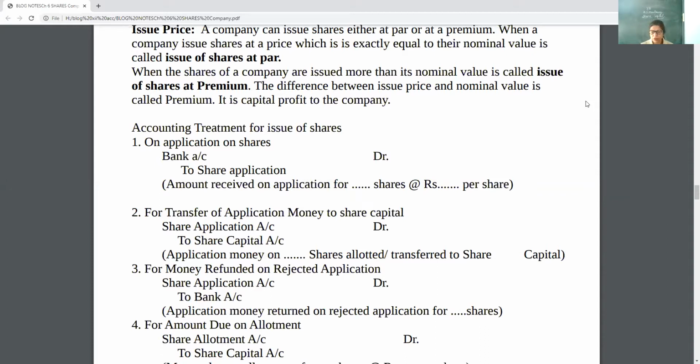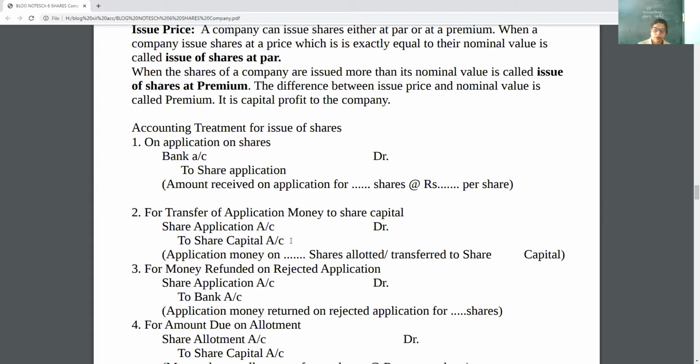Then the second general entry is for transfer of application money to share capital. See, every step will contain 2 general entries. So this share application, which is credited here, will be debited. Share application account debit to share capital. Why?